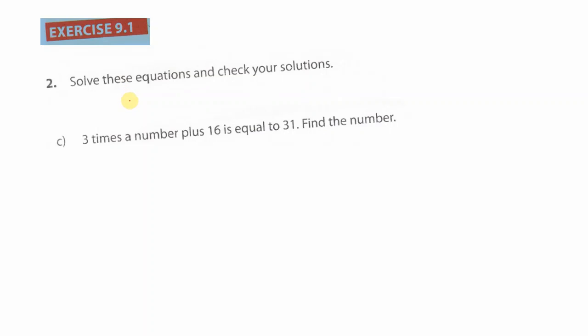Number 2, we have to solve these equations and check our solutions. So first we have 3 times a number plus 16 is equal to 31. Find the number. That is now number 2C. So we actually have to formulate the equation, then solve the equation, and thirdly check for our solution.